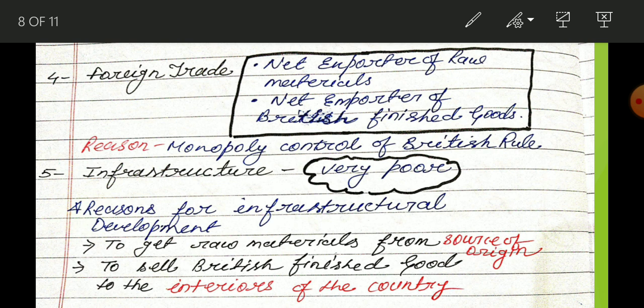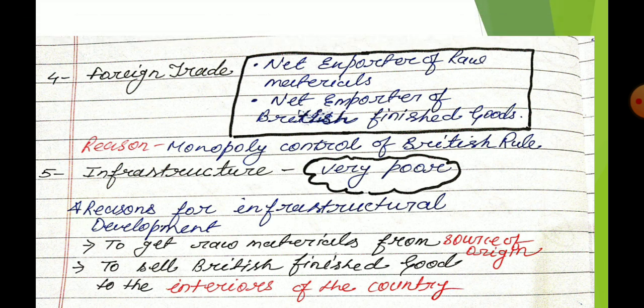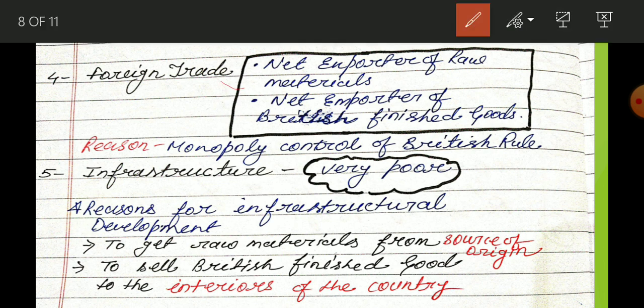Okay, now the keyword for foreign trade. When India got its independence, at that time India had become a net exporter of raw materials. Net exporter of raw materials means we are only selling raw materials, and the price of raw material is not going to be high.